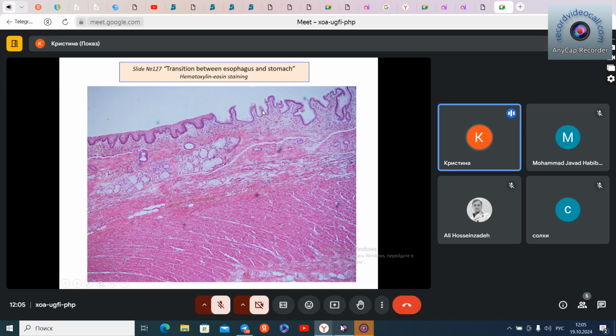So here we see the gastric pits, which are the invaginations of the epithelium into the lamina propria mucosa, and here some gastric glands.